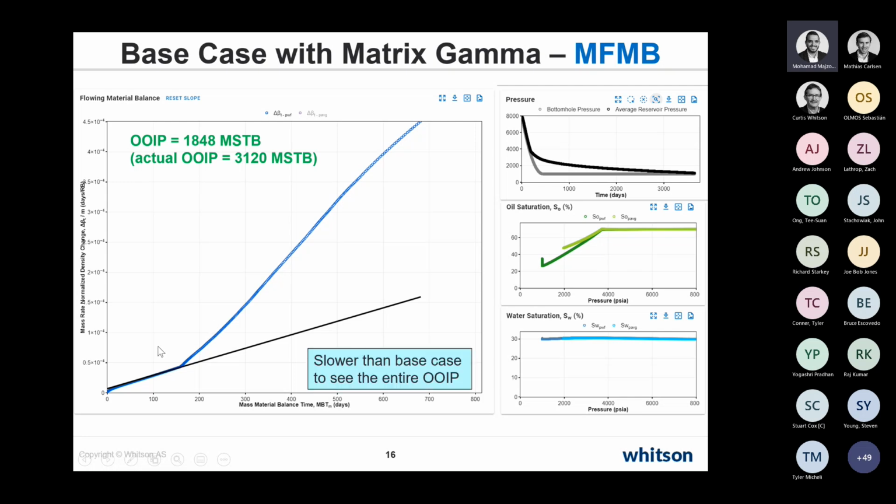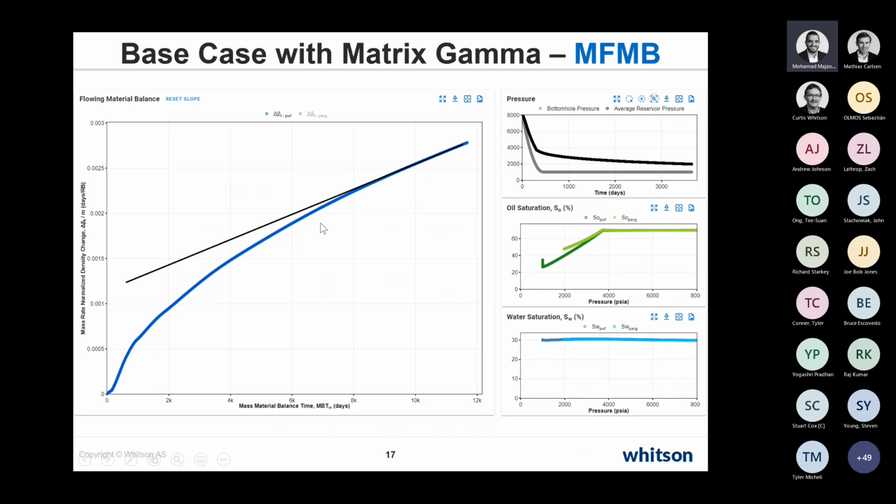So we're basically slower than the base case to see the entire OIP in this case. We see only part of the OIP, at least above the saturation pressure. And once we go below the saturation pressure, it would look like this if I zoom out on the plot.